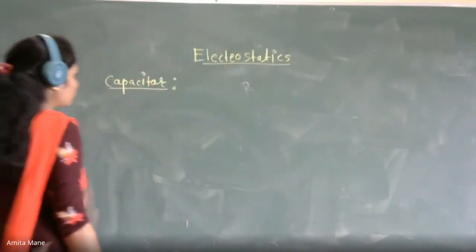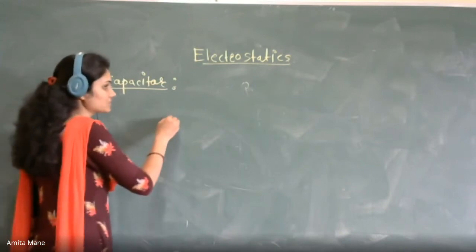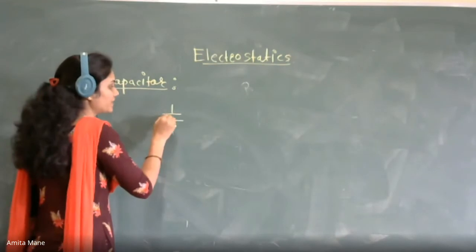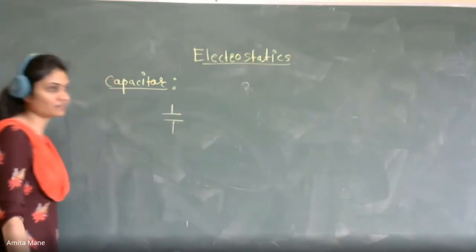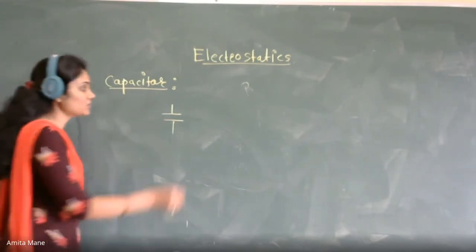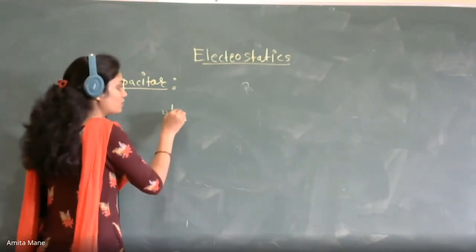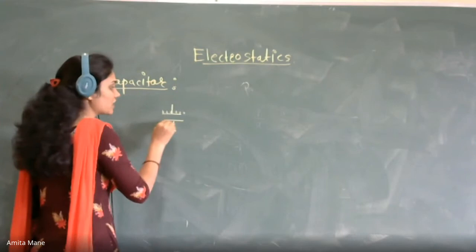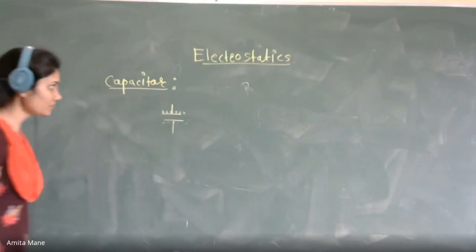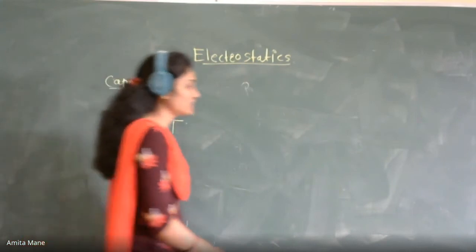It consists of two electrodes which are separated by a dielectric material, which acts as an insulating material. One plate is positively charged and the other plate is negatively charged. Okay.